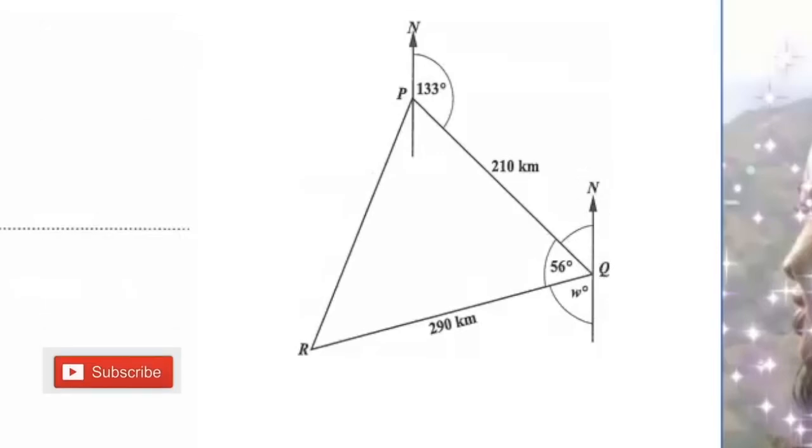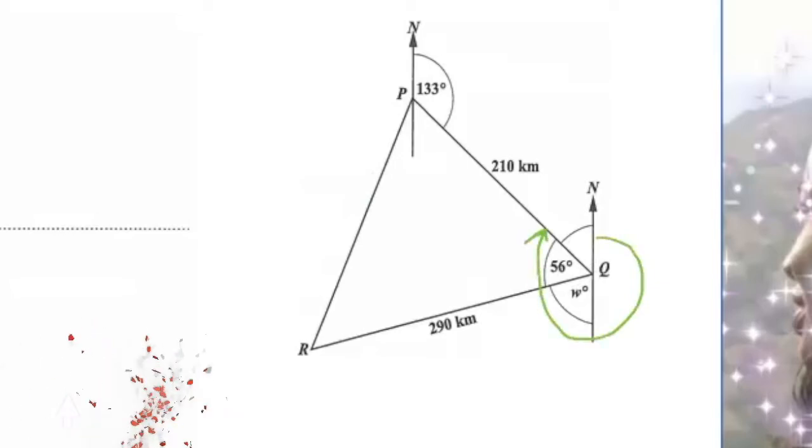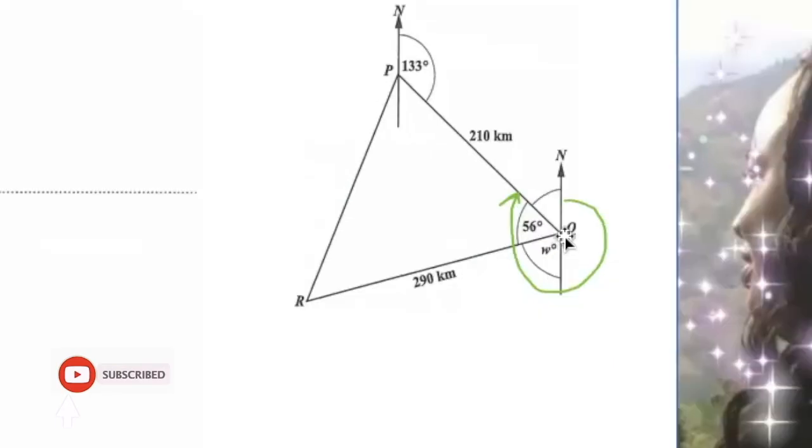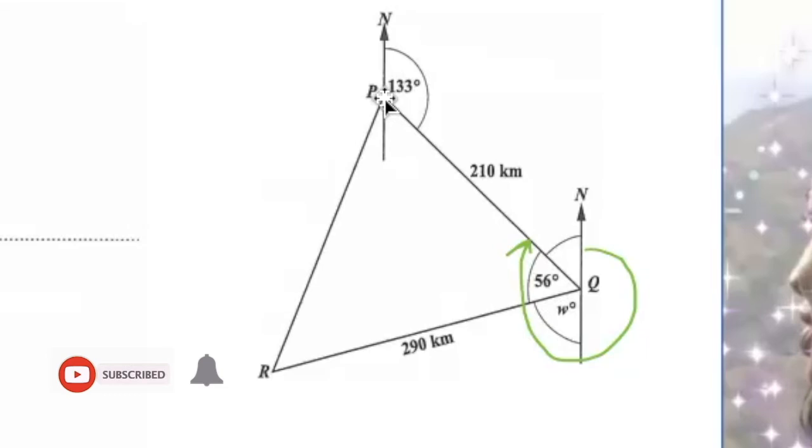Starting from the north line, we need to measure all of this angle going in a clockwise direction to P. We stop here at this line. Remember, this is P. So this is the point P. And since I'm measuring, we draw this line.